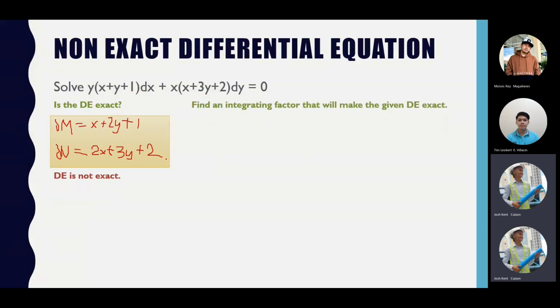Now, we again find an integrating factor that will make the given DE exact. In this case, we have to do trial and error.